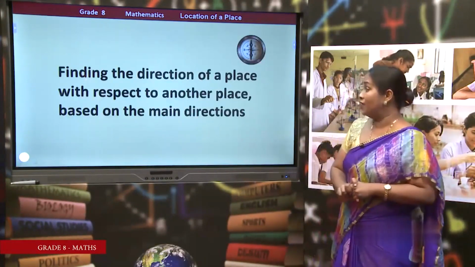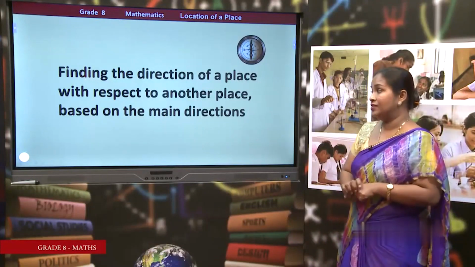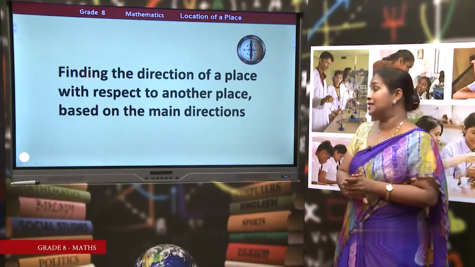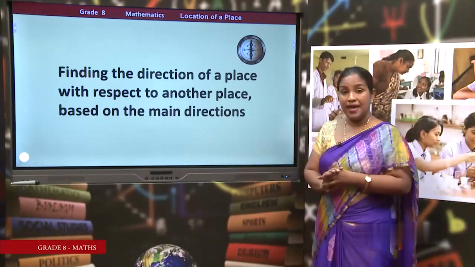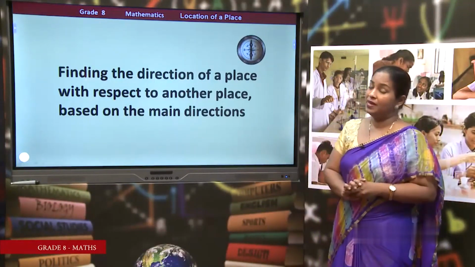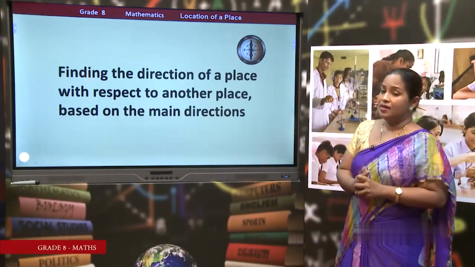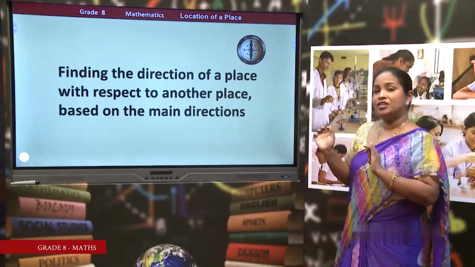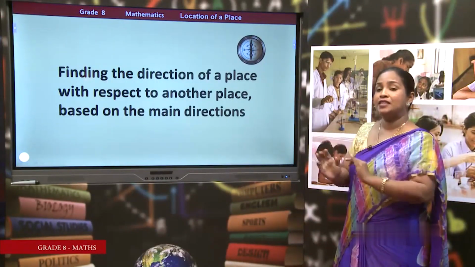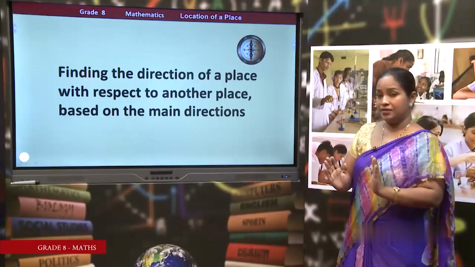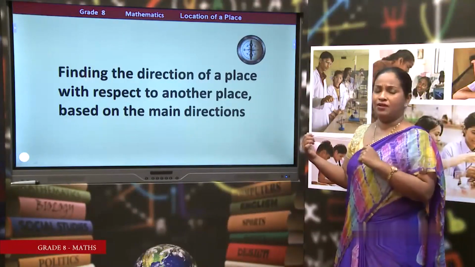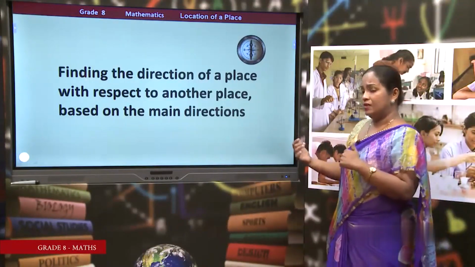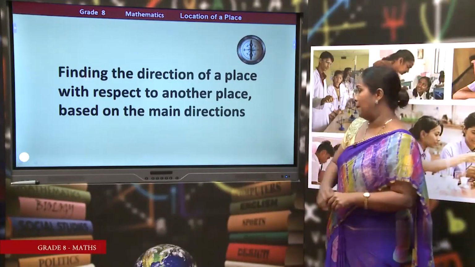We are going to find the direction of a place with respect to another place based on main direction. So, it makes sense. Earlier we discussed the locations or the directions exactly to a main direction or a sub direction. Here it is somewhat different. So, we will see what we have to discuss here.